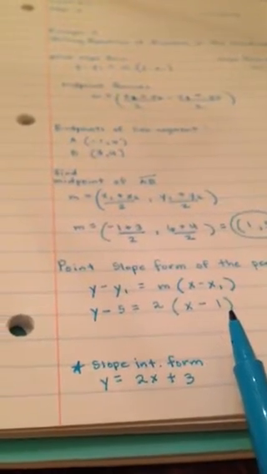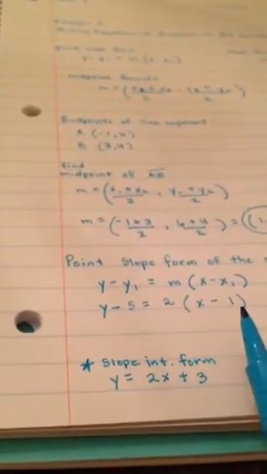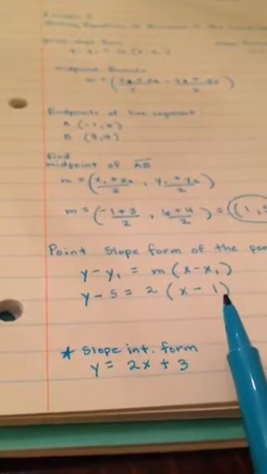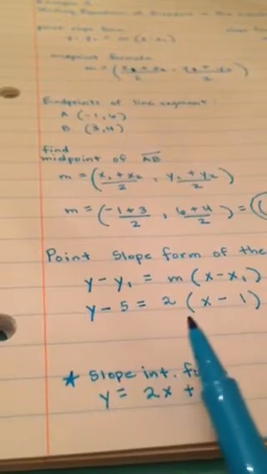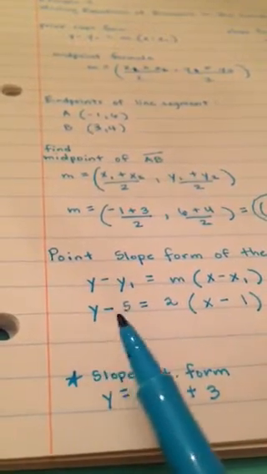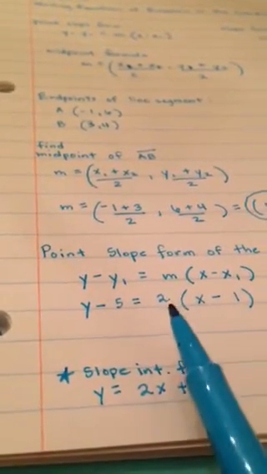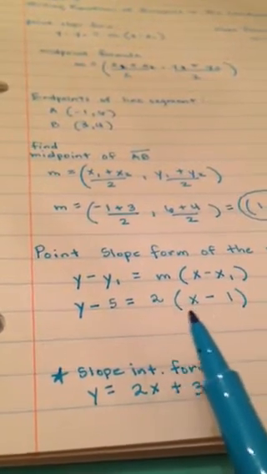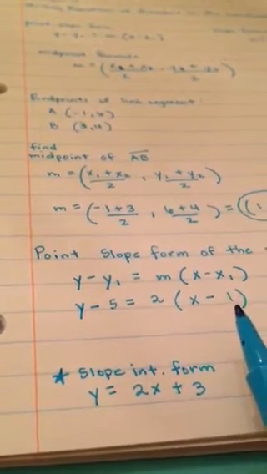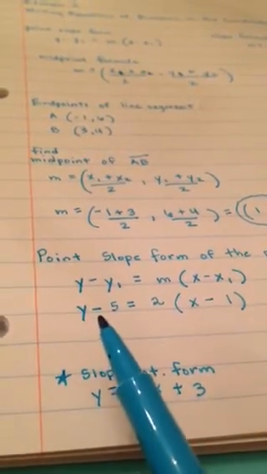I do want you to remember that you can easily switch that to slope-intercept form, which is why you see that further down on the page. If we just simplify this equation, it is going to turn into the slope-intercept form, because we could distribute this to 2x minus 2, and then we would have y minus 5 still over here. So let's do that.